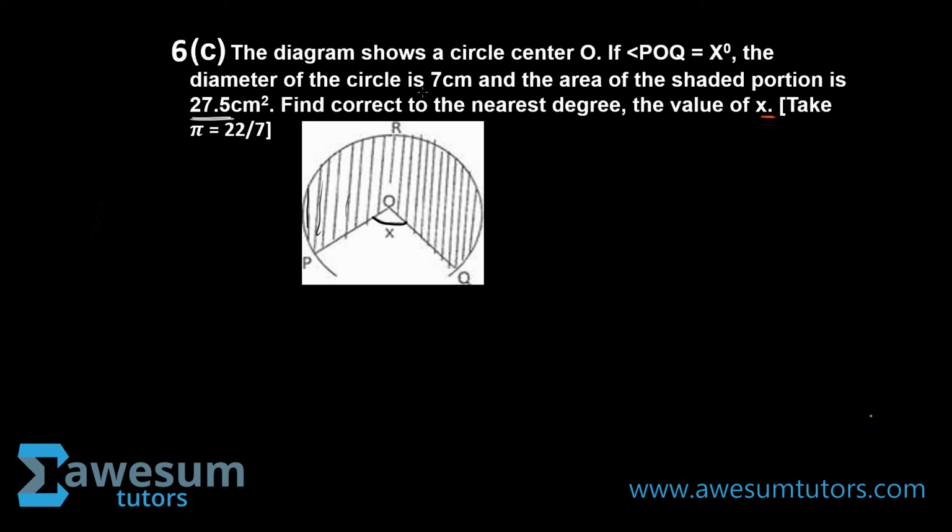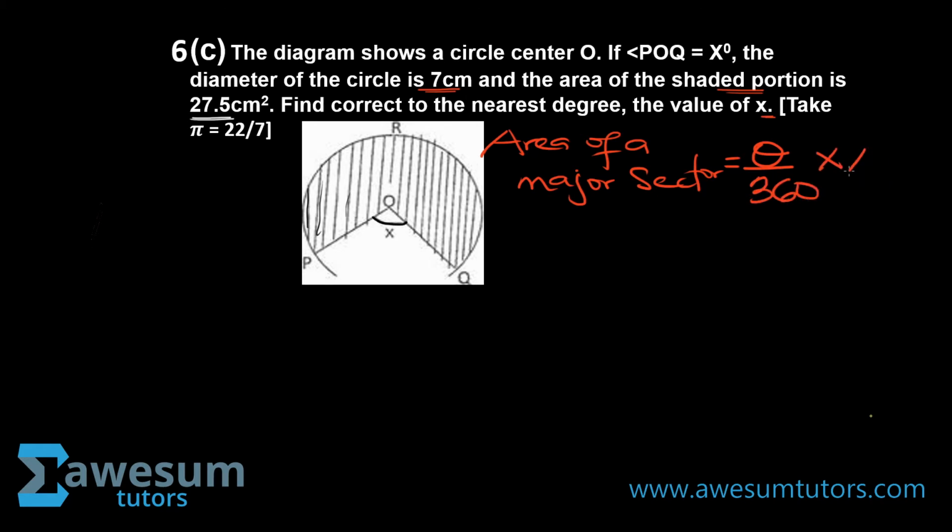And also, you've been given the diameter to be 7 centimeters. The first thing you want to do is this. What is the area of that shaded portion, which is the major sector? I would say area of a major sector equals theta over 360, theta is the angle, times pi r squared.